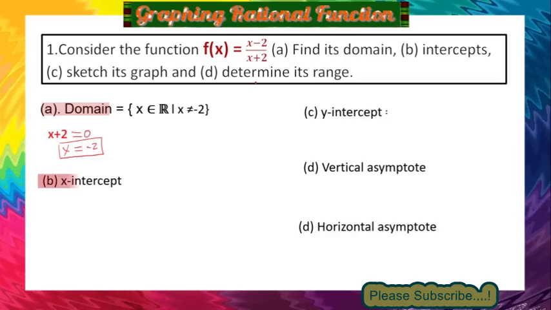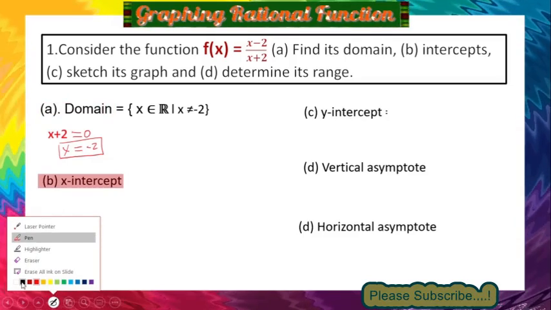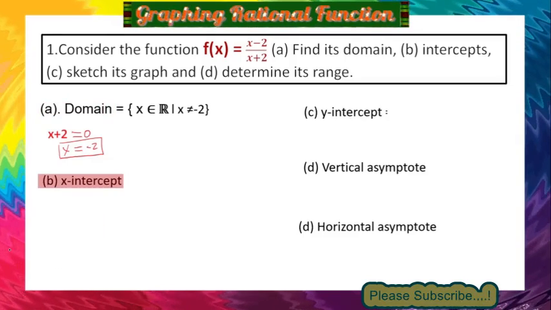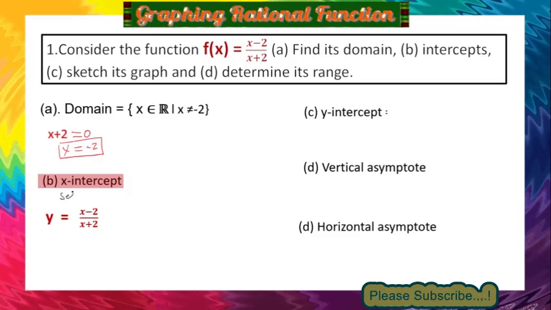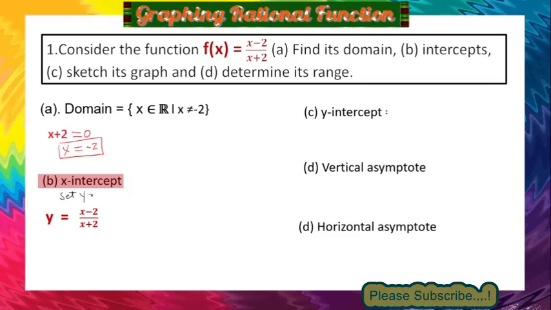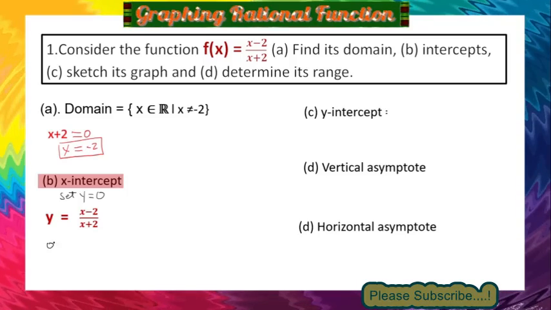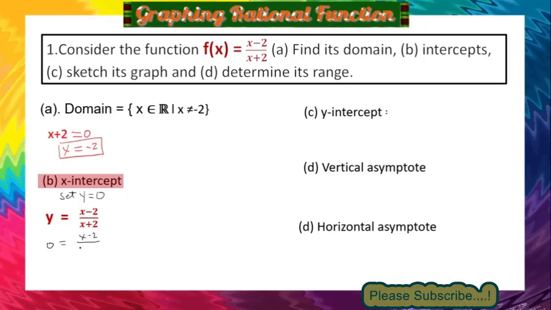Okay, next, the x-intercept. The x-intercept can be found by setting the value of y to 0. So if y is 0, copy the given x minus 2 over x plus 2 and then cross multiply.